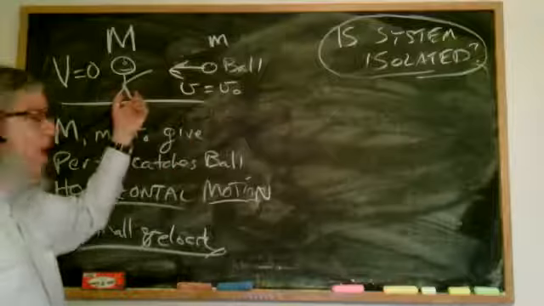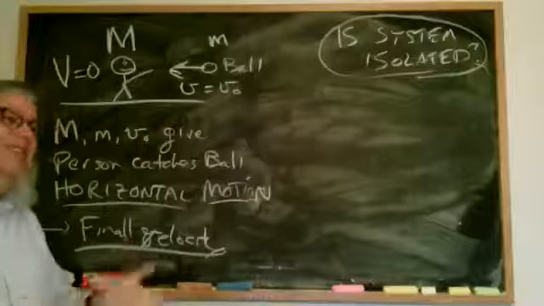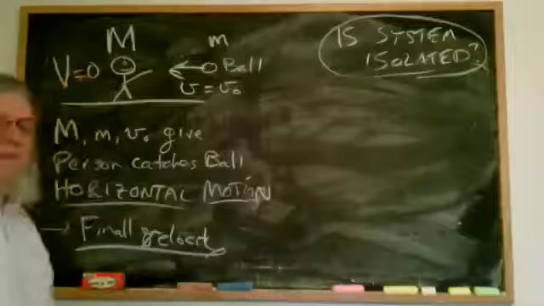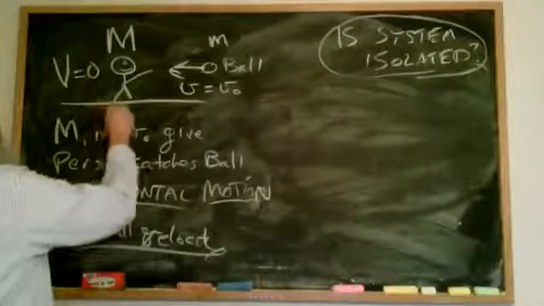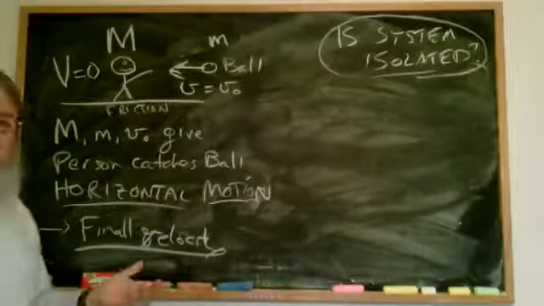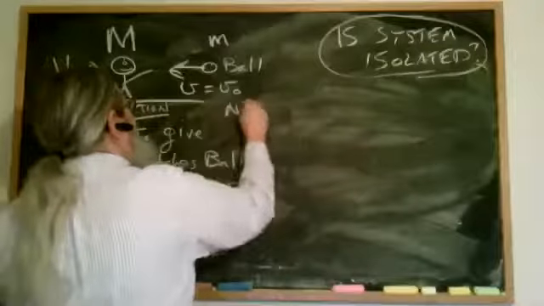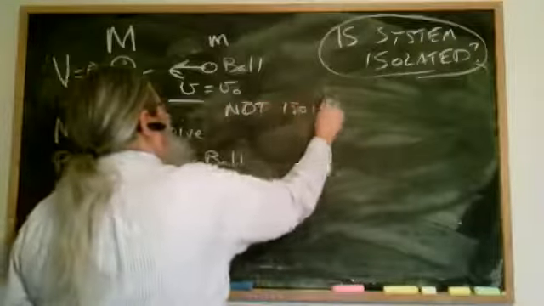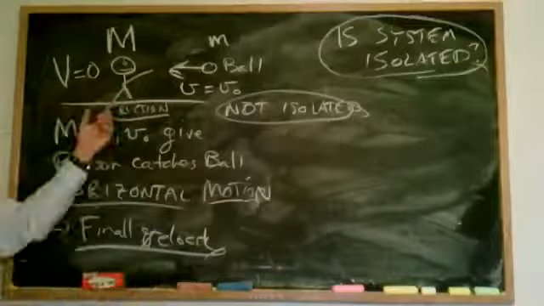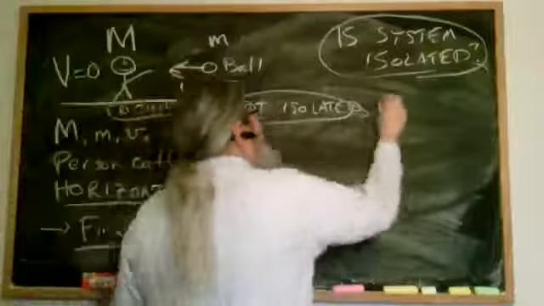But as soon as I catch the ball, my feet on the ground have friction, and it's that friction that holds me in place and keeps me from basically ricocheting off to the left. In other words, even if friction is not in play before the collision, it could be in play during the collision. So this system with friction is not isolated. In general, if I give you a system and there's friction that could come into play anytime during that collision, the system's not isolated, and you can't use conservation of momentum.